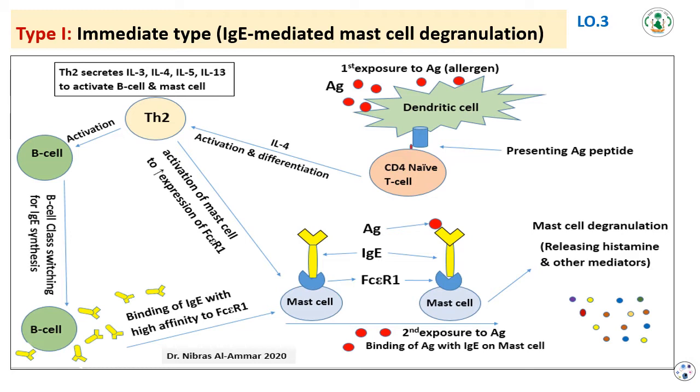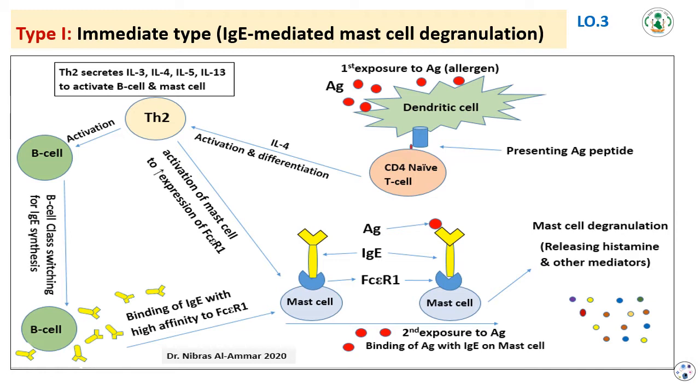Each dendritic cell will phagocytose and degrade the antigen into small peptides and present the antigen peptide in combination with MHC2 to a naive CD4 T cell.